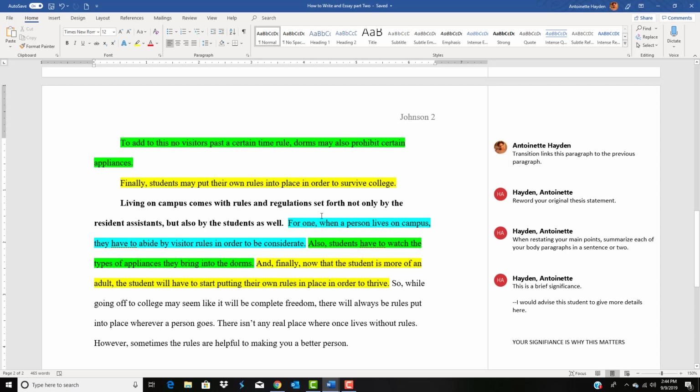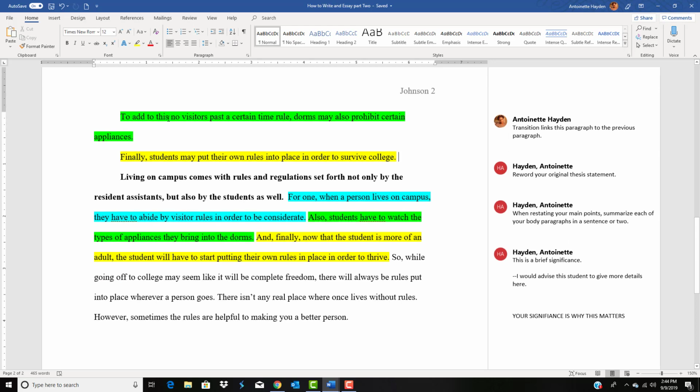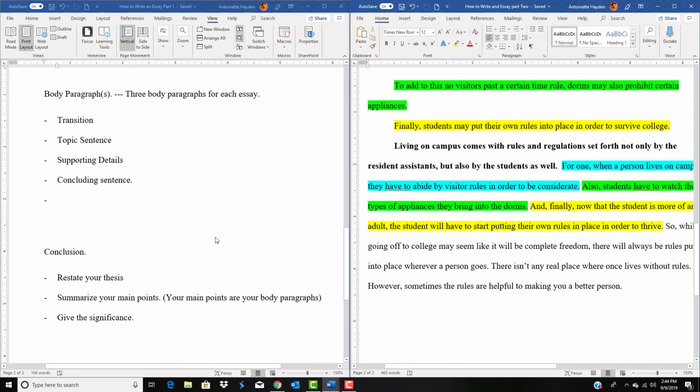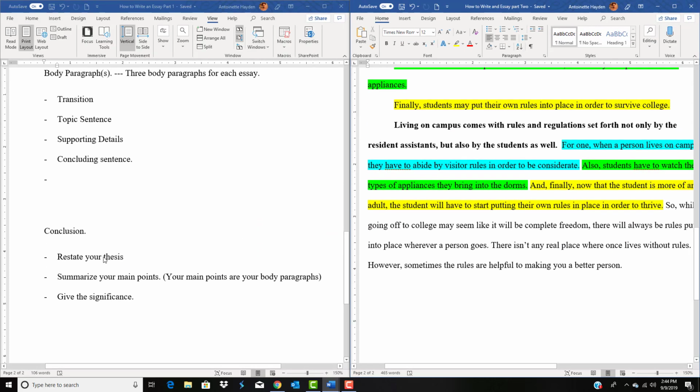Right. And then I would do that for all 3 body paragraphs before I get to my conclusion. So for my conclusion, my goal is to restate my topic sentence, my thesis statement, summarize my main points, and give my significance.